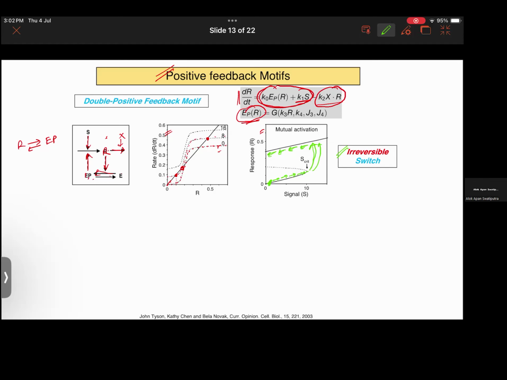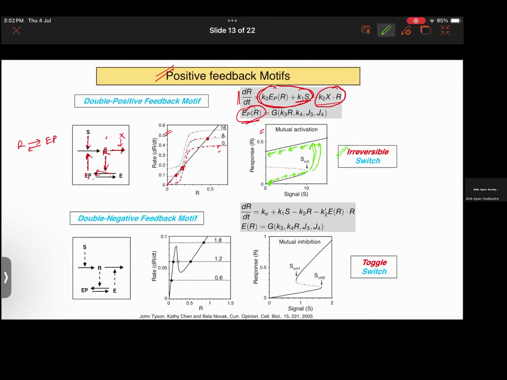If there is an irreversible switch, there also has to be a reversible switch. Right? So take a motif like this. It's the same process. So S helps in synthesis of R, and R helps in phosphorylation of a protein or enzyme.